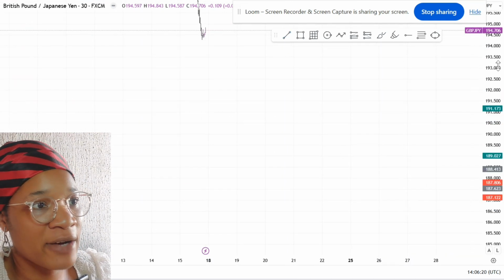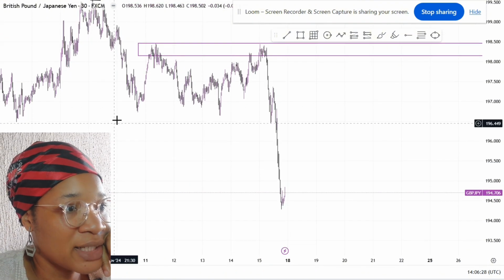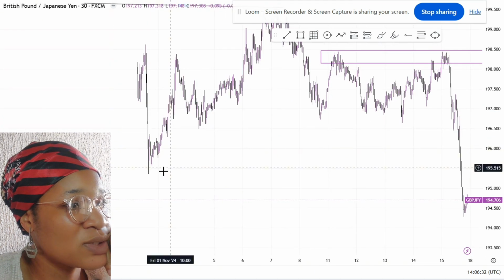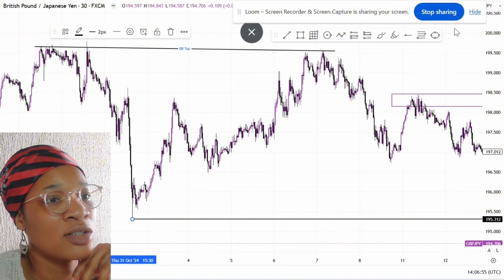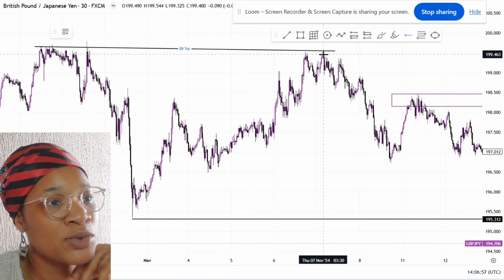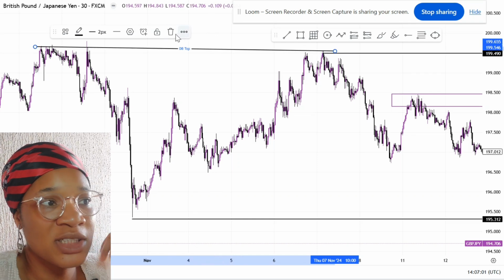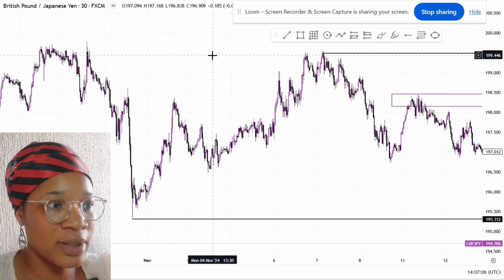Let's see if we can find some of it here, right? Let's see if we can, let's use this. So let's take it from here to here, and let's see if we are able to spot the impulsive moves, the corrective movement, which is the pullback, and then finally the continuation, right?